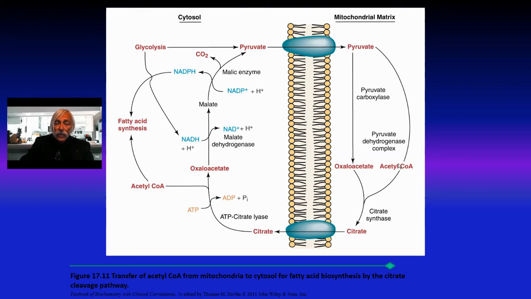We've covered this extensively just a little while ago in lecture. Now, notice that when you condense these two precursors to citric acid, OAA and acetyl-CoA, with citrate synthase, you make citrate. This is all happening in the mitochondria. Now, rather than citrate continue on the tricarboxylic acid cycle, if there is adequate amounts of NADH, the dehydrogenases in the TCA cycle will be filled up with NADH, right?